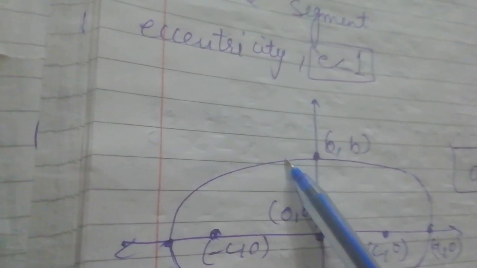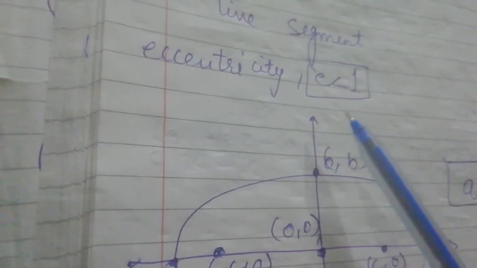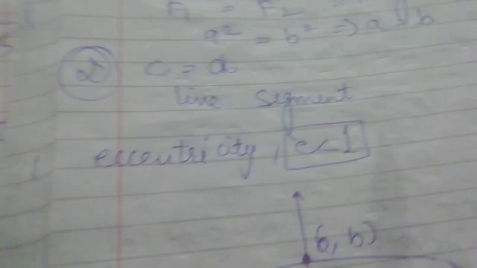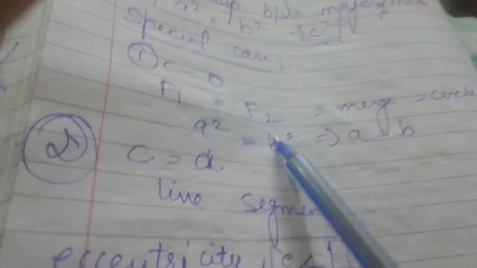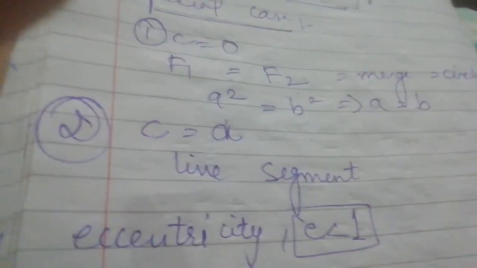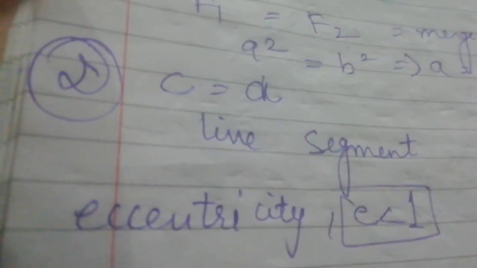Now, what is eccentricity? Eccentricity is the ratio of the distance between the two foci of the curve. This curve can be an ellipse or a hyperbola, which we are going to talk about further today.